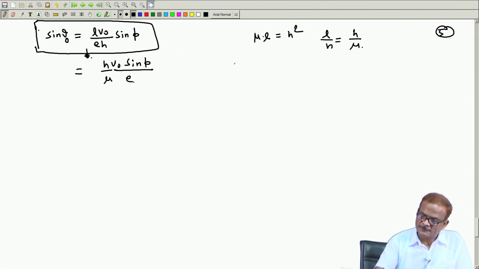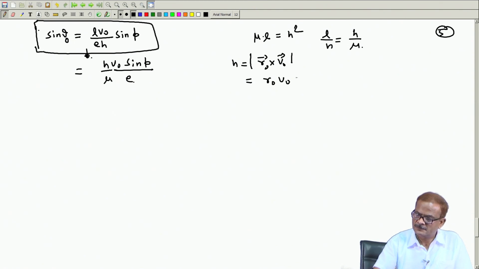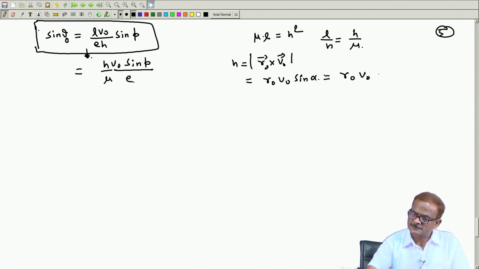Now, h we have already written as the magnitude of r cross V, which is r0 V0 sin alpha. And sin alpha is nothing but sin(90 minus phi), which equals cos phi. So, this becomes cos phi.